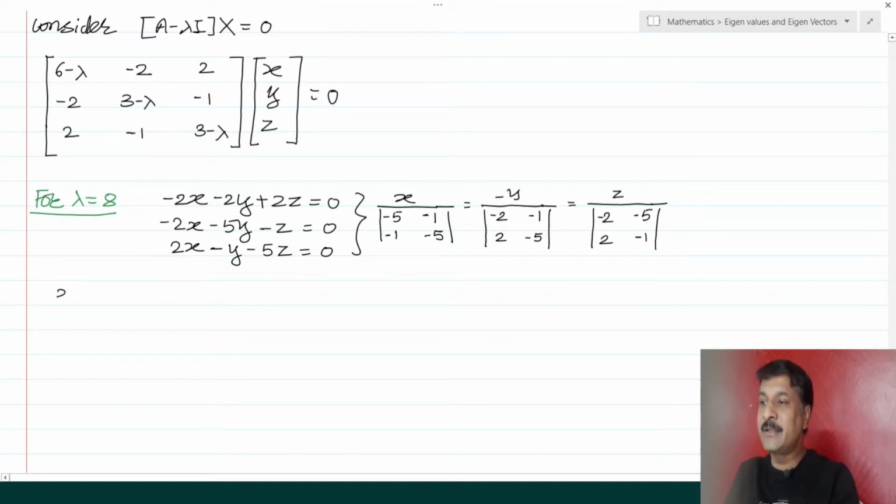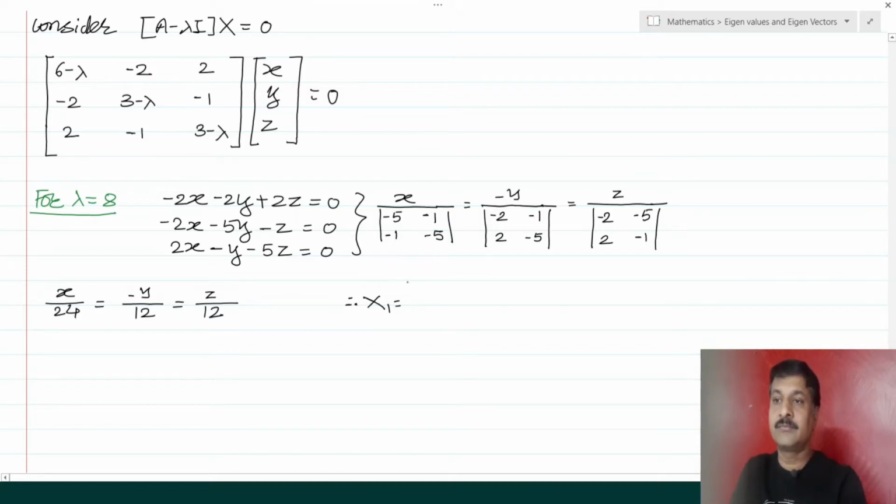So therefore I am getting x upon, it is minus 5 minus 5, it is 25 minus 1, that is 24, minus y upon 10 plus 2, it is 12, and z upon 2 plus 10, it is 12. And therefore if we consider x1, if we divide by 12, I am getting x1 equal to 2, minus 1, 1, corresponding to lambda equal to 8.